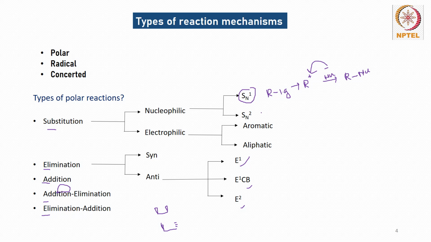Whereas in case of SN2, what happens? The nucleophile attacks and removes the leaving group, and the reaction goes through a penta-coordinated transition state, giving our desired product.